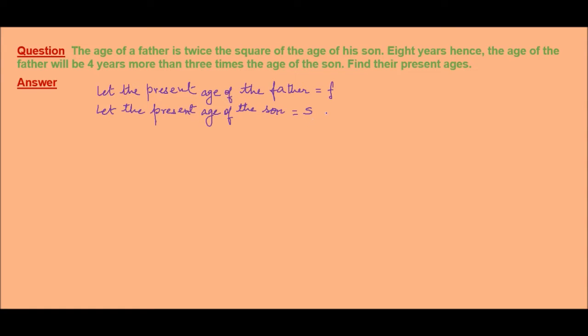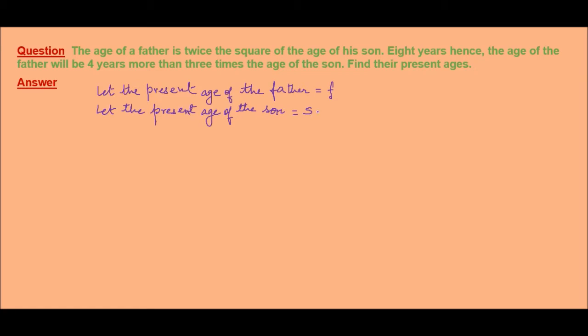Because as soon as I see these letters, I'll immediately be knowing what they stand for. I always ask my students to select variable names which will be suggestive of the objects that they represent. I could have taken x for the father's present age and y for the son's present age.